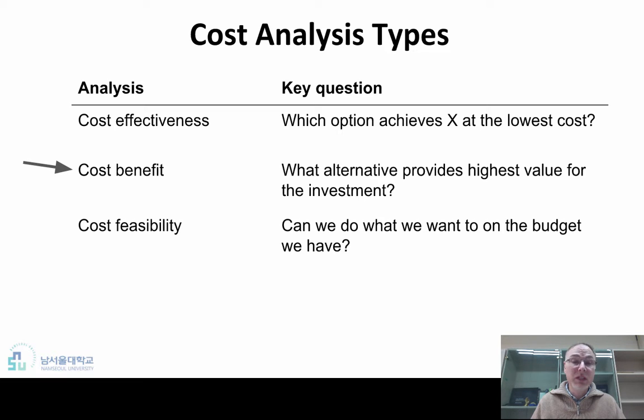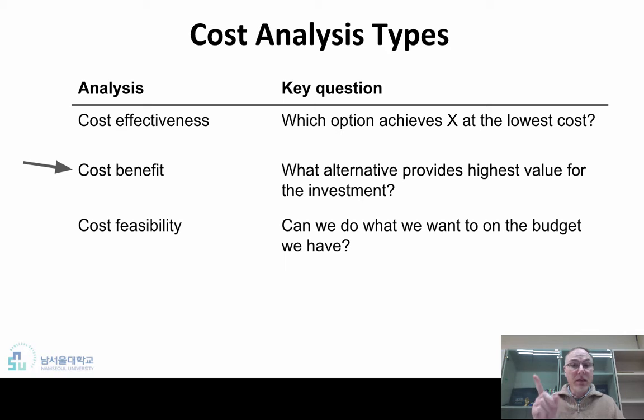A cost feasibility analysis can be added to a cost effectiveness or a cost benefit analysis. You can conduct cost feasibility and one of the other two types, but you typically do not do cost effectiveness analysis and cost benefit together.